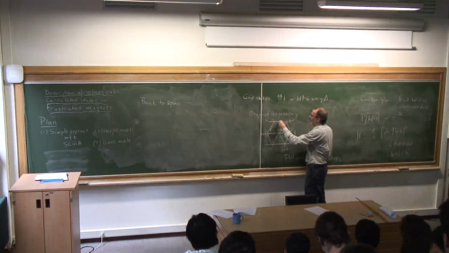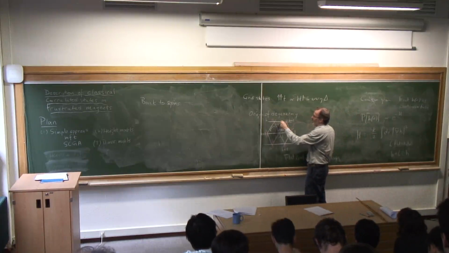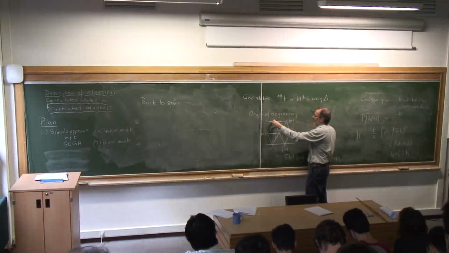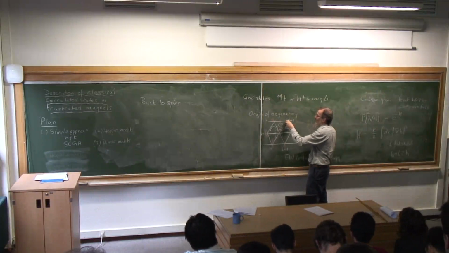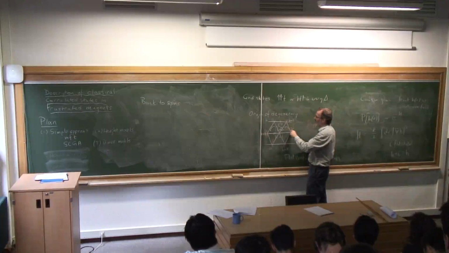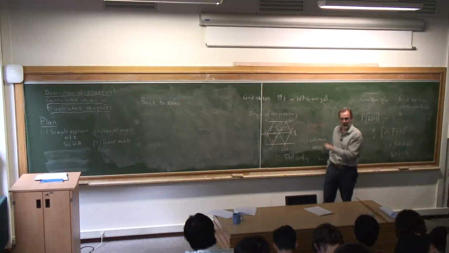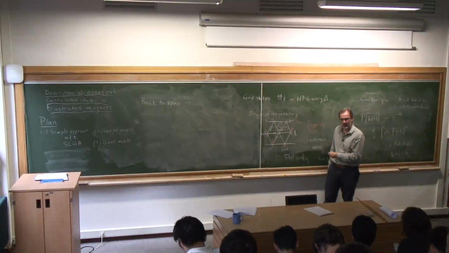So if I go along a bond in the direction from this orientation, then I go up 1 because these spins are anti-parallel, but on this bond although the spins are anti-parallel, I'm going in the opposite sense to the orientation, and so I go down one, so this is H, and so on.